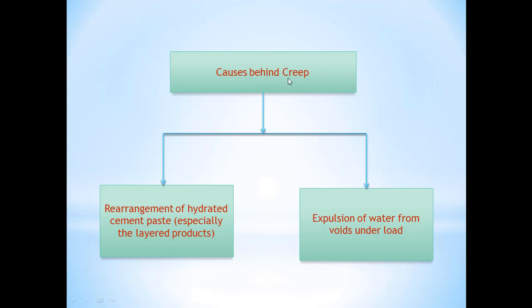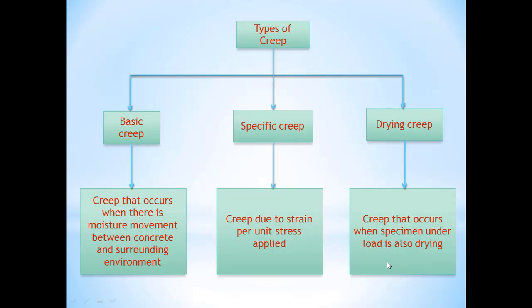Next, causes behind creep. They may be of two types: rearrangement of hydrated cement paste, especially the layered products, and the expulsion of water from voids under load. Creep can be divided into three types.